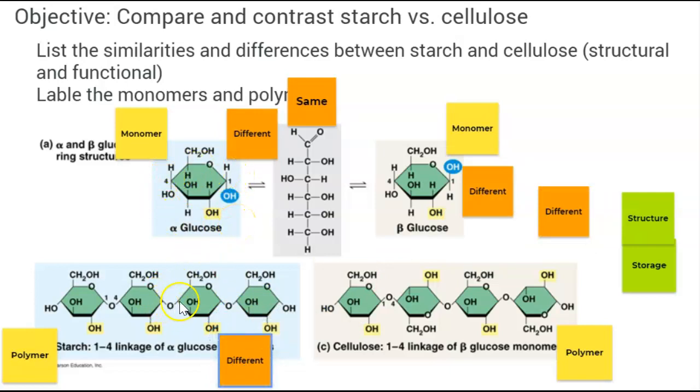When you create this bond, all the hydroxyl groups line up on the bottom. If you look at the cellulose, you'll notice that those hydroxyl groups alternate from being on the bottom versus being on the top. So when you're creating the bond between the monomers, the structure has to go like this for cellulose because you're building with beta glucose, and it has to go like this for starch because you're building with alpha glucose. So that structural difference in the monomer leads to a structural difference in the polymer.